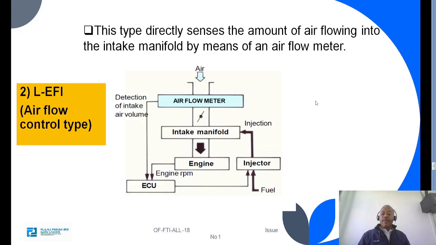The L-EFI or airflow control type. This type directly senses the amount of air flowing into the intake manifold by means of an airflow meter. The airflow meter is mounted just behind the throttle valve, so the air which passes through the airflow meter is measured and sensed by the airflow meter sensor.